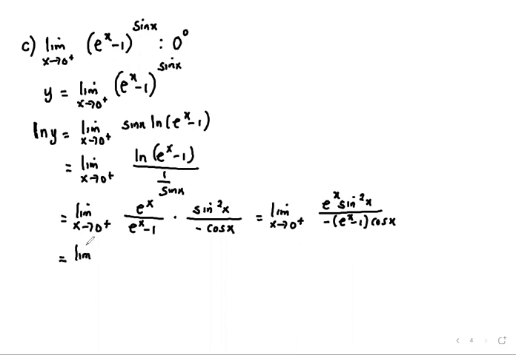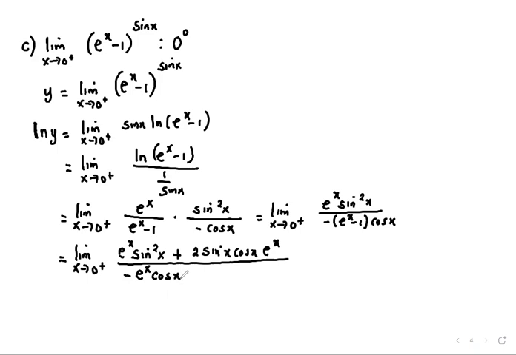So we have the limit as x goes to 0 plus of e to the x multiplied by sine squared x plus the derivative of sine squared, that is 2 sine x cos x e to the x, over, we differentiate down, we have minus e to the x and fix the cos x, and then we differentiated this one, now we fix this one and differentiate cos.